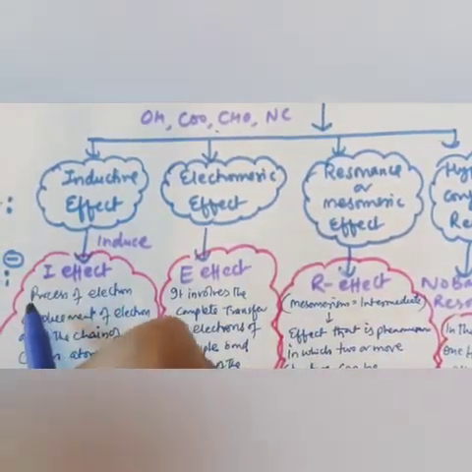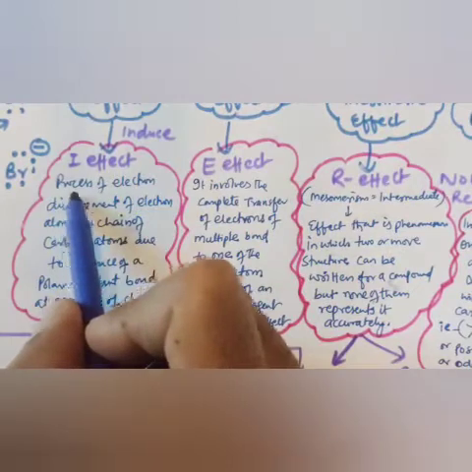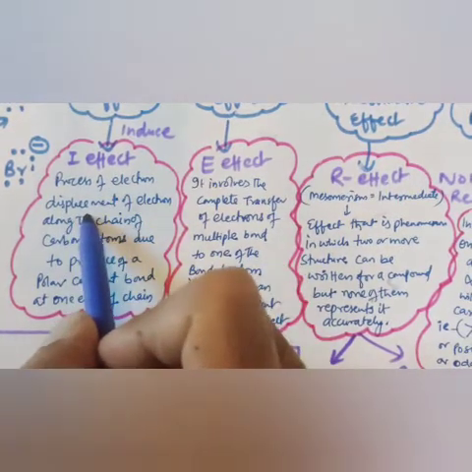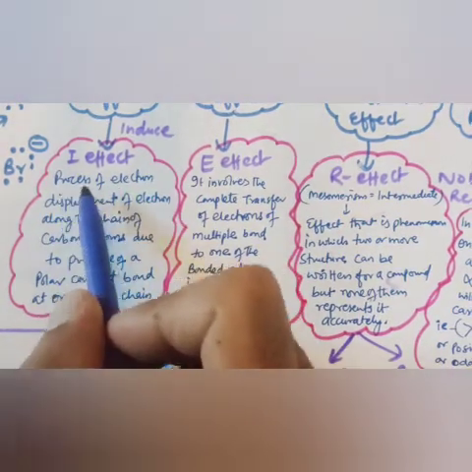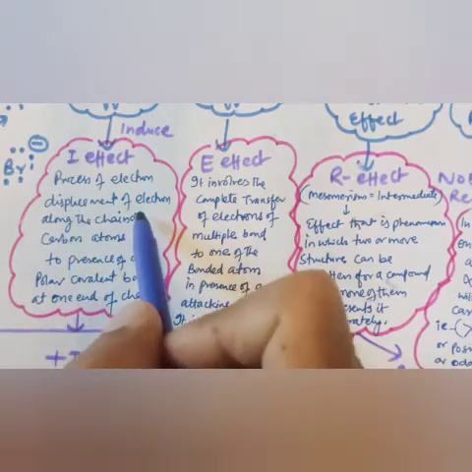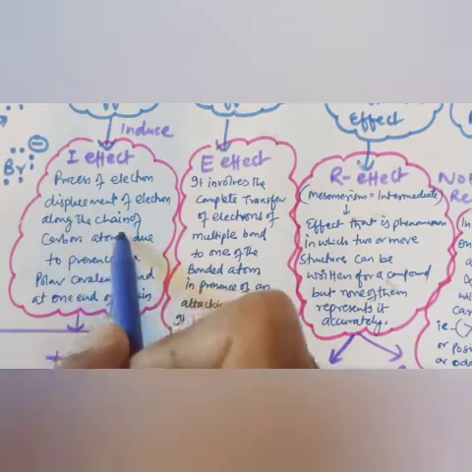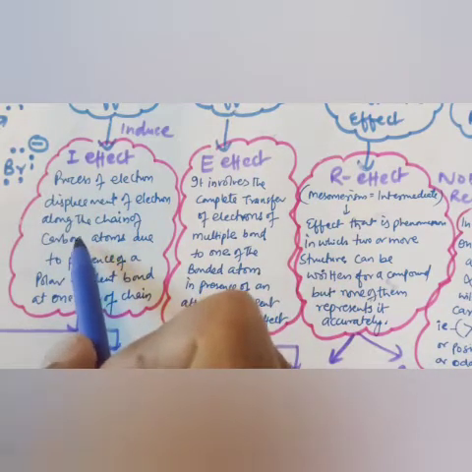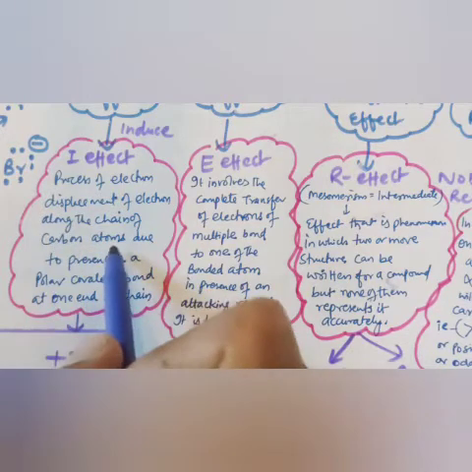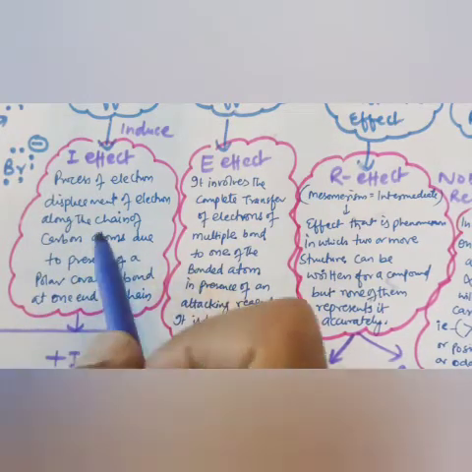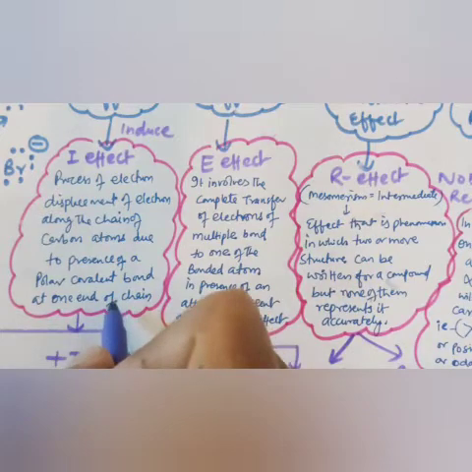Okay, let's discuss. It is the process of electron displacement in which electrons along the chain of carbon atoms are displaced due to the presence of a polar covalent bond at one end of the chain.